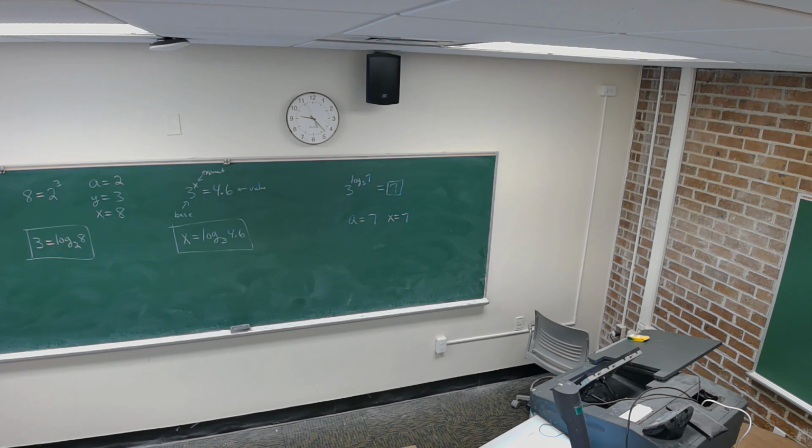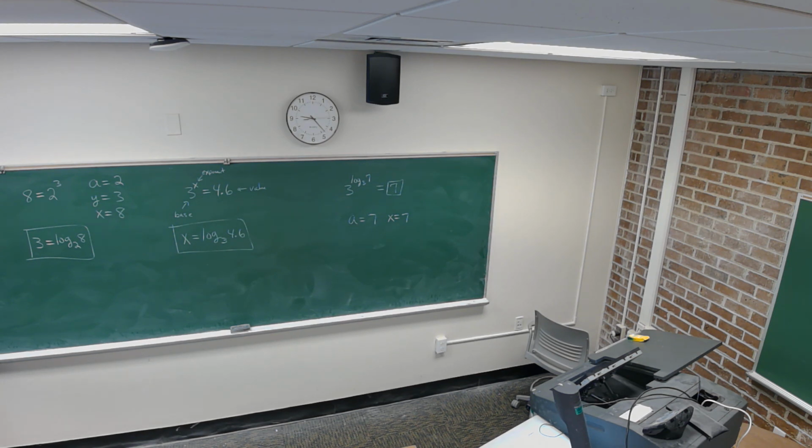I'm glad you brought that up. That's a very good question. Why isn't the y a 3? It is 3. Y equals 3. So it should be 3 is equal to log base 2 of 8.